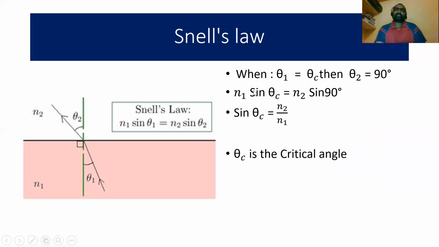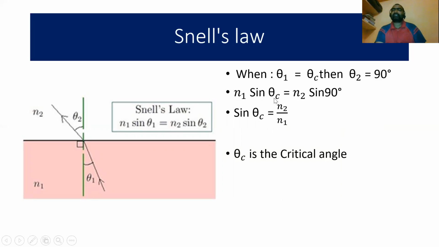By substituting this in Snell's law, n1 sin theta 1, with theta 1 equal to theta c, equals n2 sin theta 2. We chose theta 2 as 90 degrees, and we know sin 90 equals 1. So n1 sin theta c equals n2.